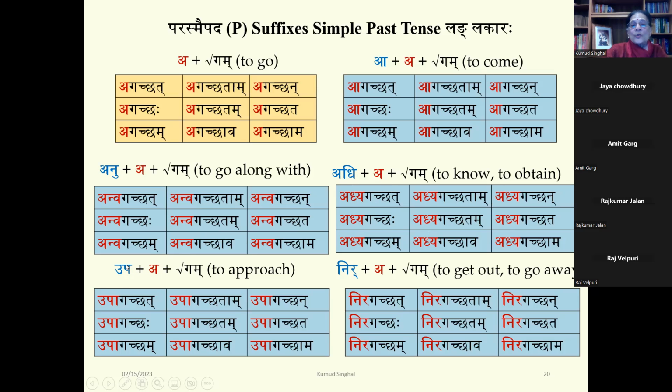Now if you add the upsarga upa, upa plus gam means to approach. Like in the present tense, upagachasi, you approach, right? But in the past tense, if you add upa, then again, the a of upa, and this a will be along. Upagachat.